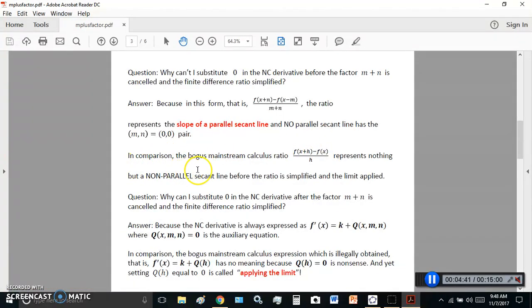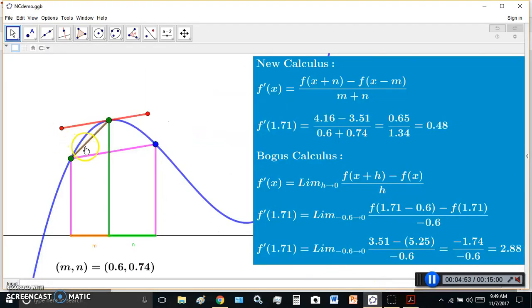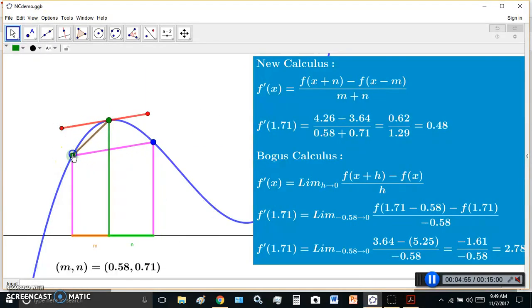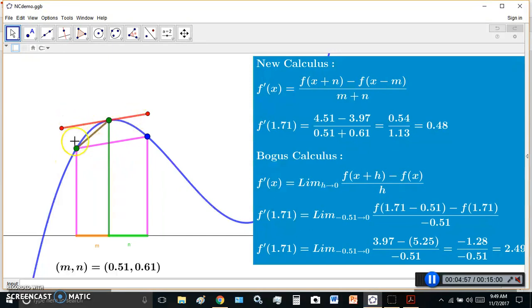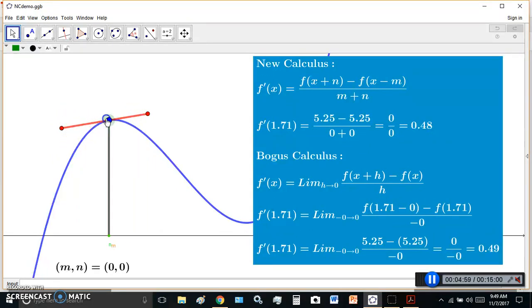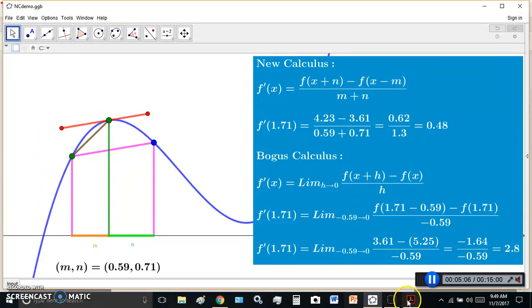In comparison, the bogus mainstream calculus ratio, this ratio here, represents nothing but a non-parallel secant line slope before the ratio is simplified and the limit applied. So if you look back here, it's this brown secant line here. It never represents the slope of that tangent line. See? 0 over minus 0, or 0 over 0. It's nonsense, whichever way you look at it.